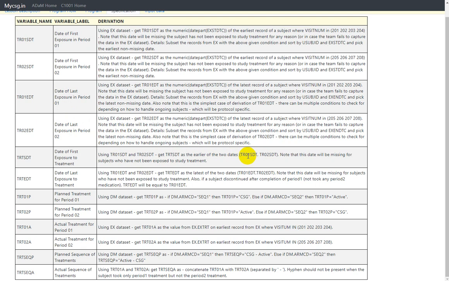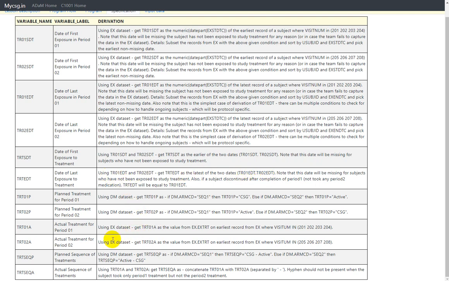We will have to pick the minimum value from TR01SDT and TR02SDT and assign it to TRTSDT. Similarly for TRTEDT, using TR01EDT and TR02EDT, the previously derived or going to be derived variables, get TRTEDT as the latest of the two values, which means we will have to get the maximum value present in these two variables.